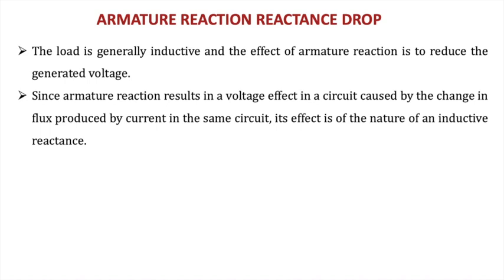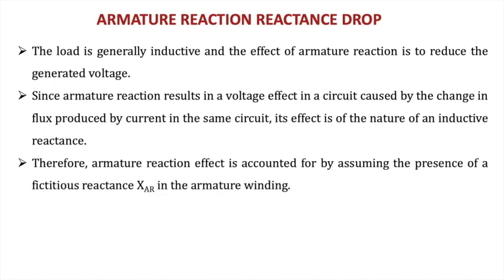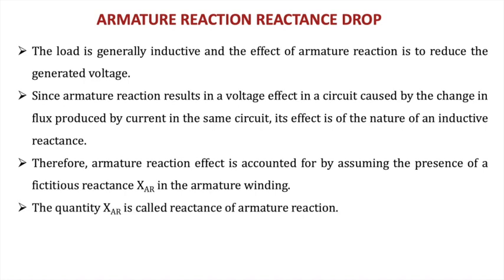The armature reaction results in a voltage effect by the change in the flux produced by current in the same circuit, and its effect is of the same nature as the inductive reactance. Therefore, the armature reaction effect is accounted for by assuming the presence of a fictitious reactance XAR in the armature winding.